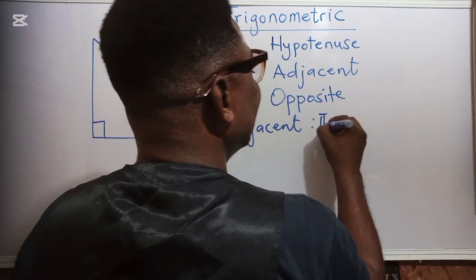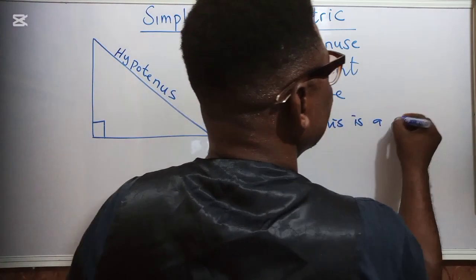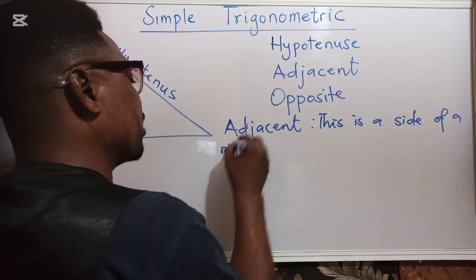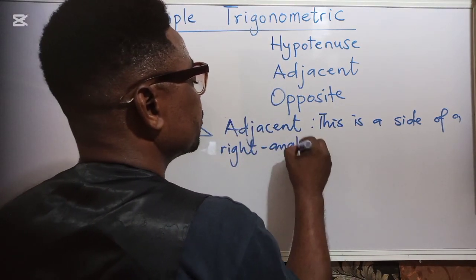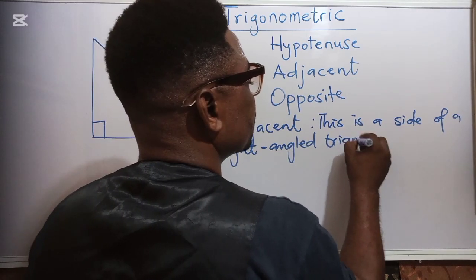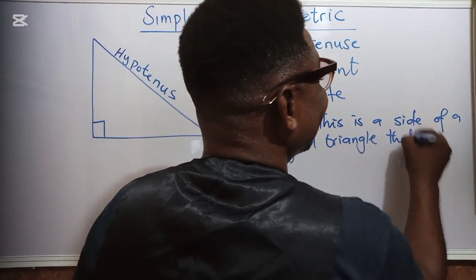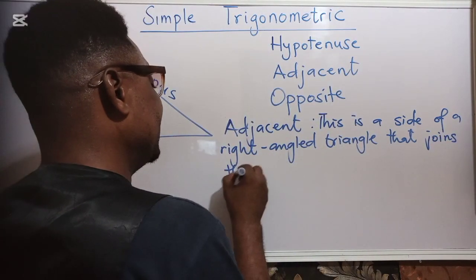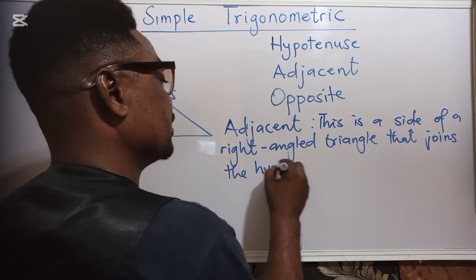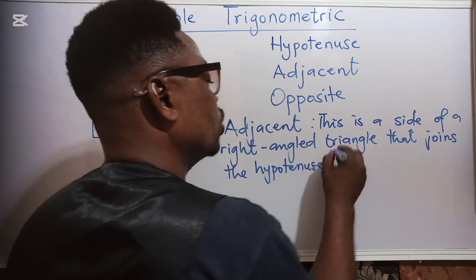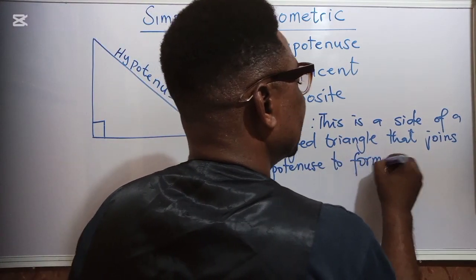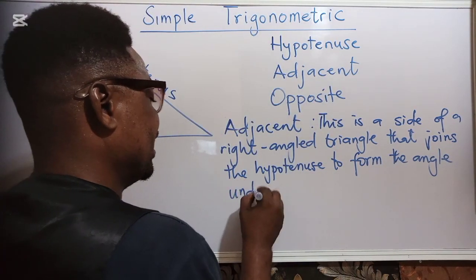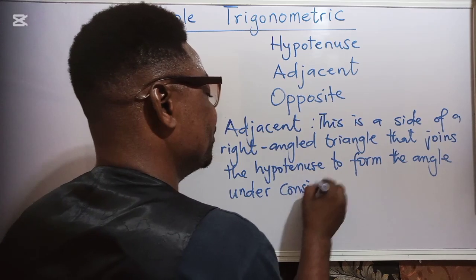Adjacent, this is a side of a right angled triangle that joins the hypotenuse to form the angle under consideration.